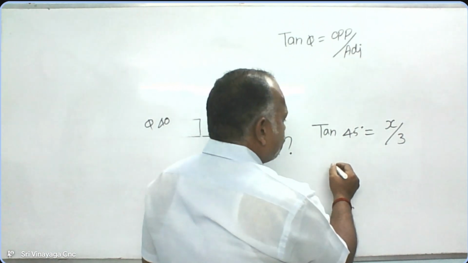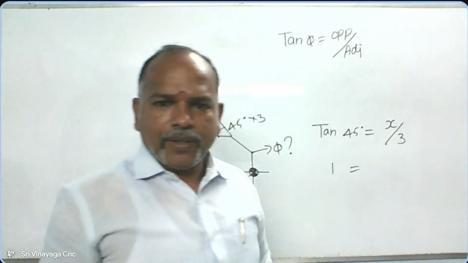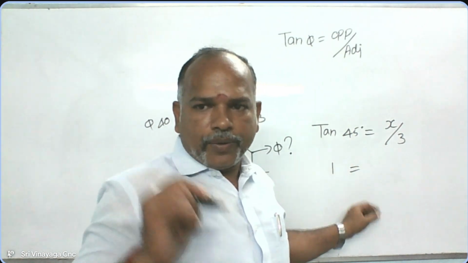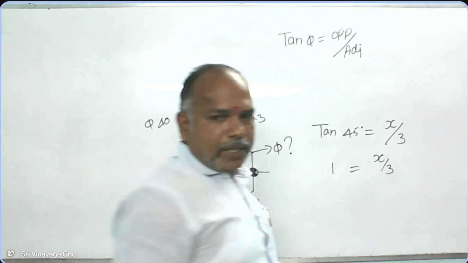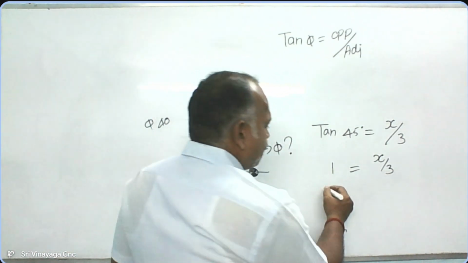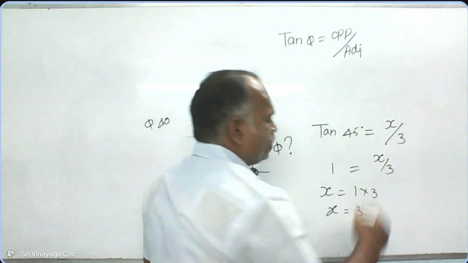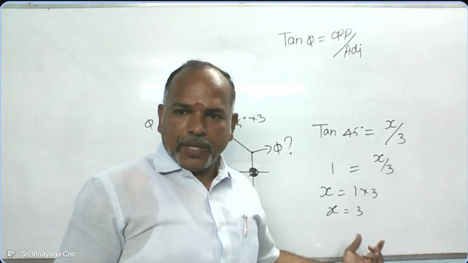If you put tan 45 in a scientific calculator, the value will be 1. So 1 equals x by 3, so x equals 1 into 3. X equals 3.